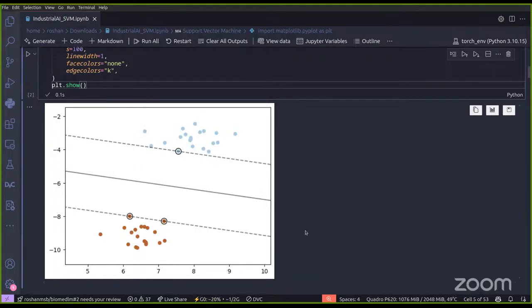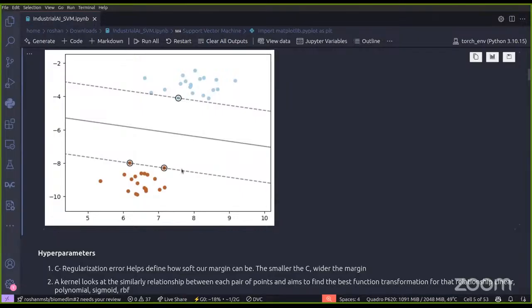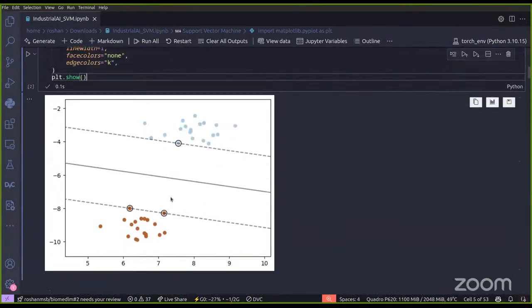So fine. Yes, sir. Okay. And what are hyperparameters? Hyperparameter tuning.